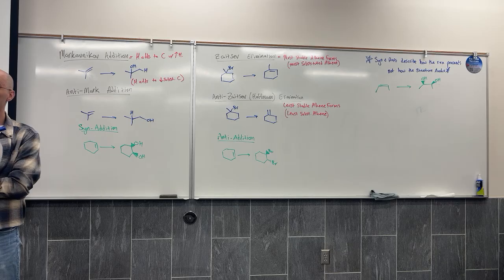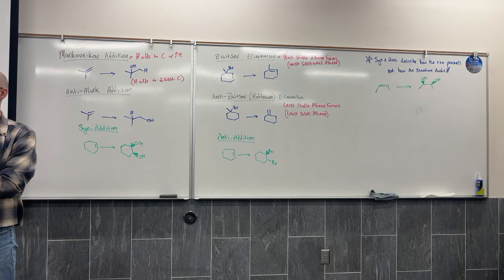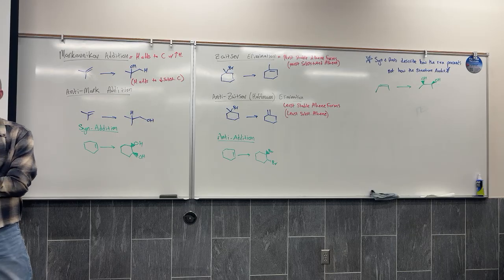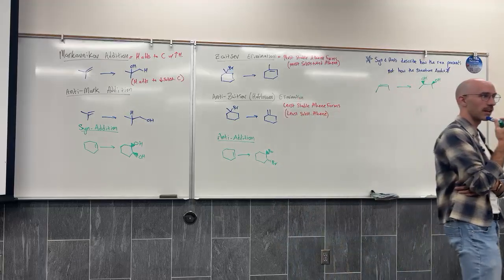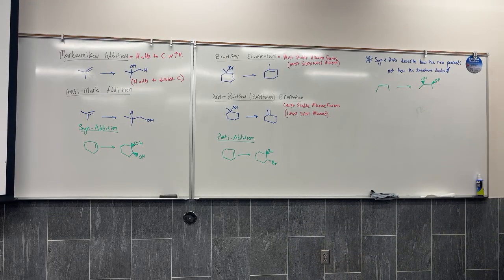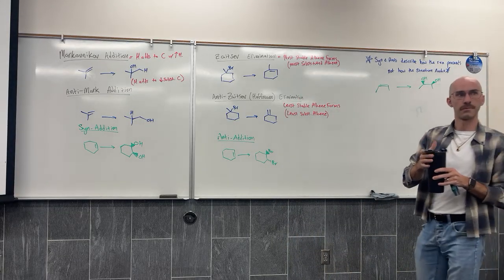There's a lot we know. Feel free to contribute what you know. We know it's meso. It's got a plane of symmetry right down the middle. What else do we know?